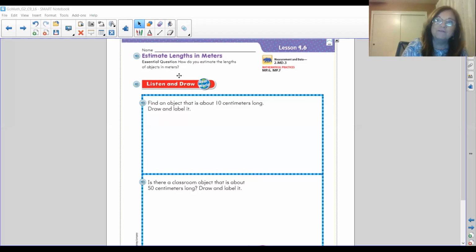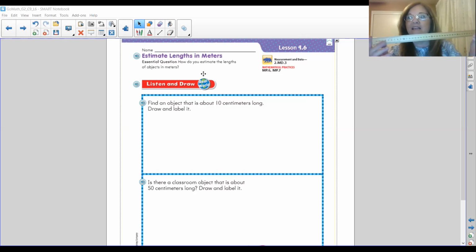So first of all, you have to know about how long a meter is. And so this is a meter right here. 100 centimeters makes a meter. So now you get to do the fun part. You get to go around your house and find some things that you think are about 10 centimeters long. So this is about 10 centimeters.